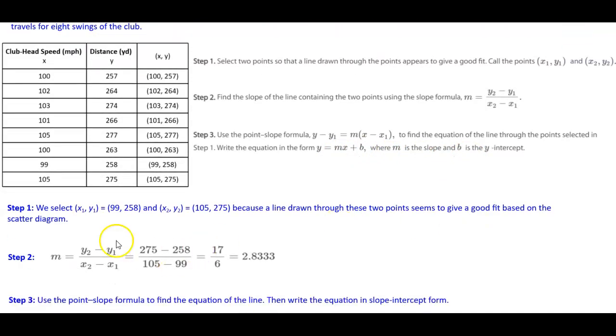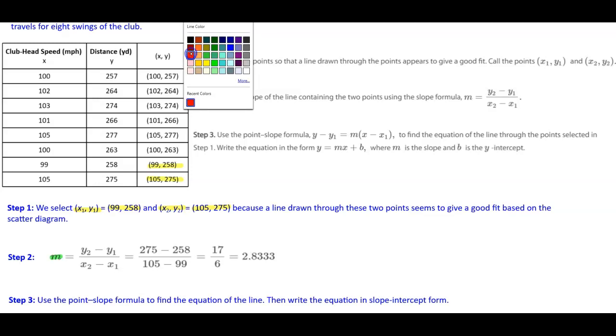So in step number 1, we're going to select 2 points. In this particular example, the point we select for x1 and y1 is 99 and 258, and the other point, x2 and y2, is 105, 275. In order to find the slope, we take y2 minus y1 over x2 minus x1.